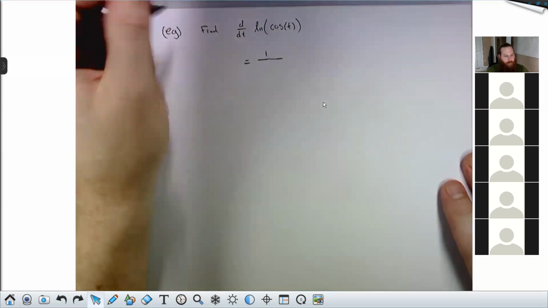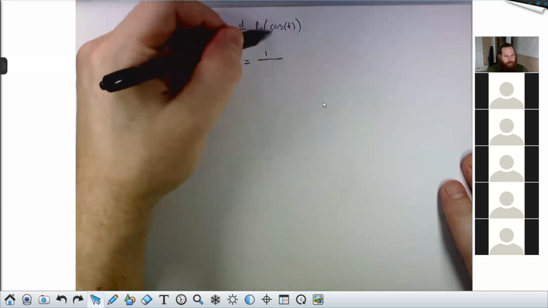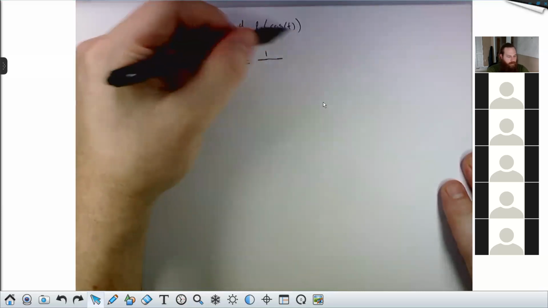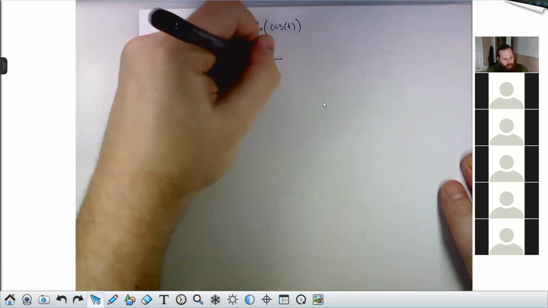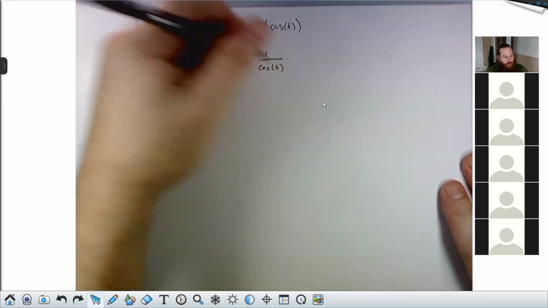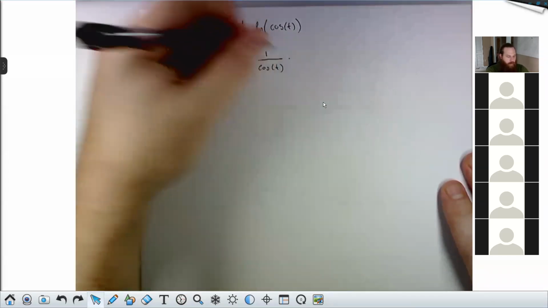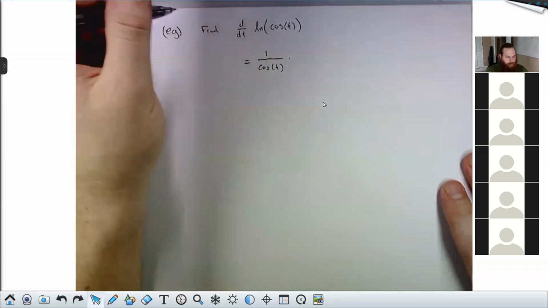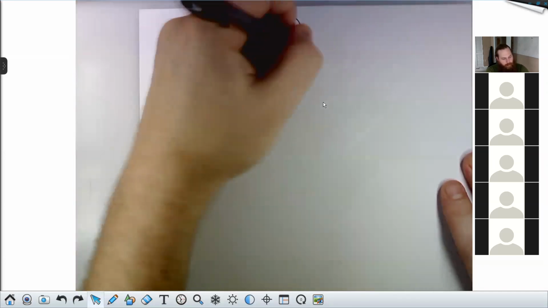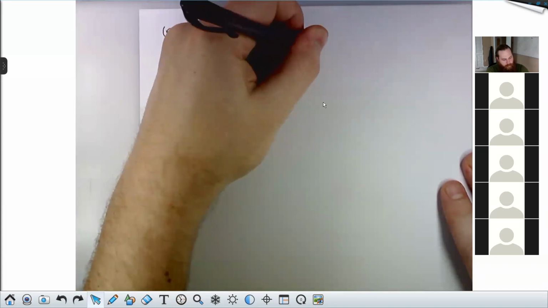It's tempting. Remember, we differentiate the outside, leaving the inside alone. So the inside here is cosine t. So rather than having 1 over t, I'm going to have 1 over cosine t. And then we multiply by the derivative of the inside.